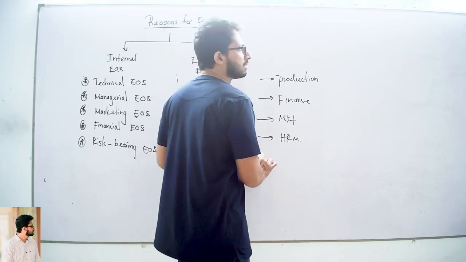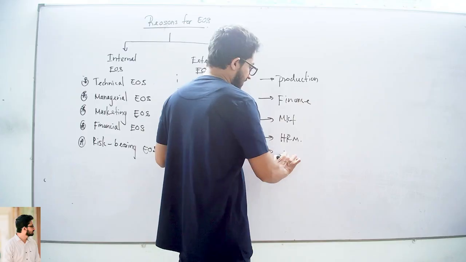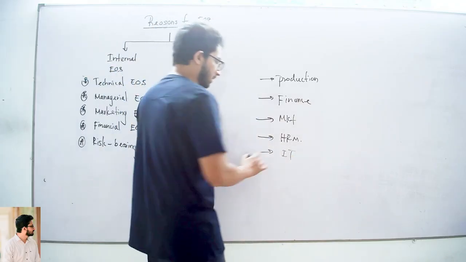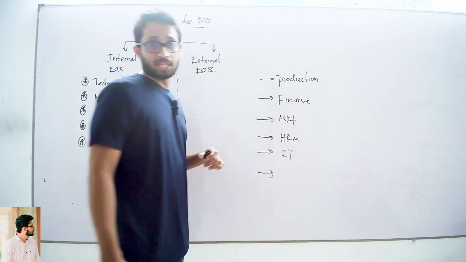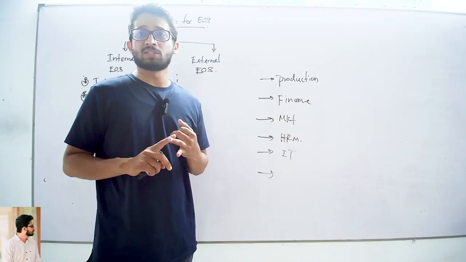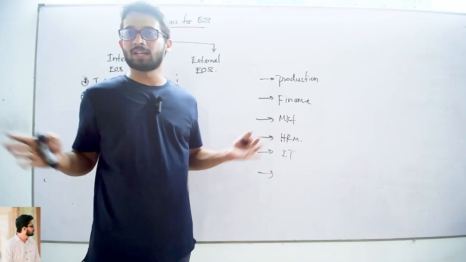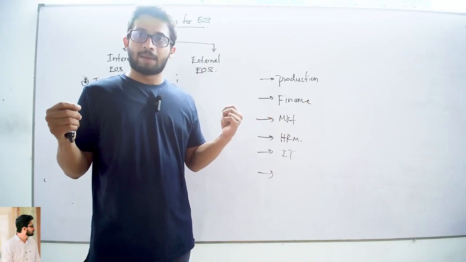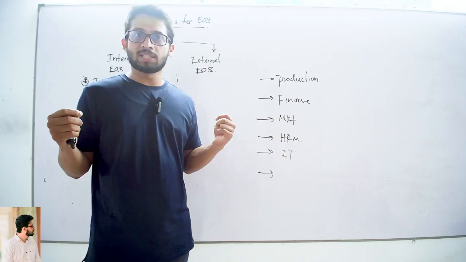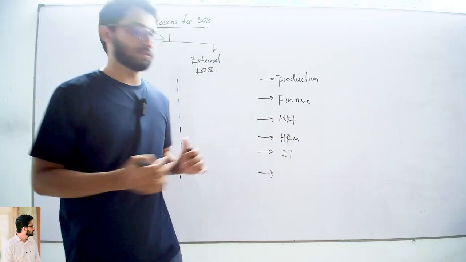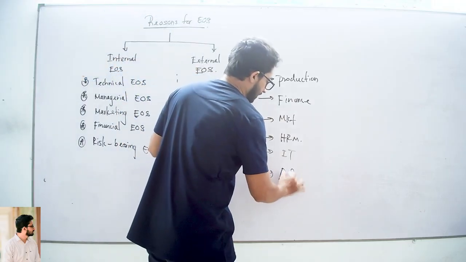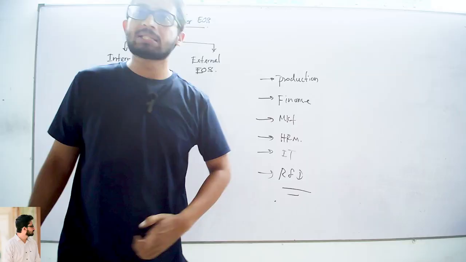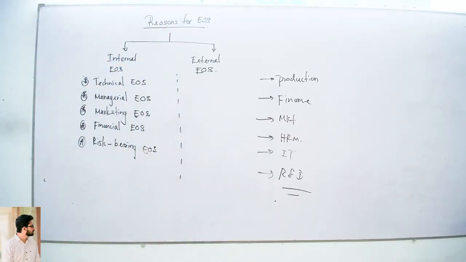Yes, right. That's it. Now we can see a separate department for IT. And in large scale firms like Unilever, Hemas, Volkswagen, Toyota, established world famous organizations, they have a separate section for research and development as well, right? R&D, research and development. These are called the main business activities or functions of a business.